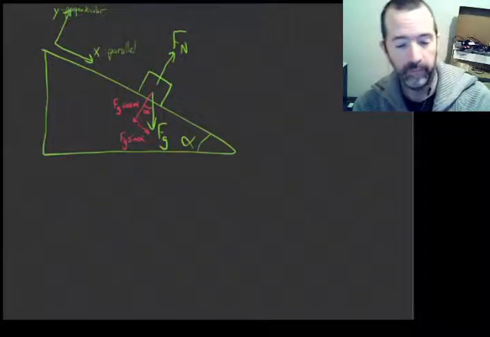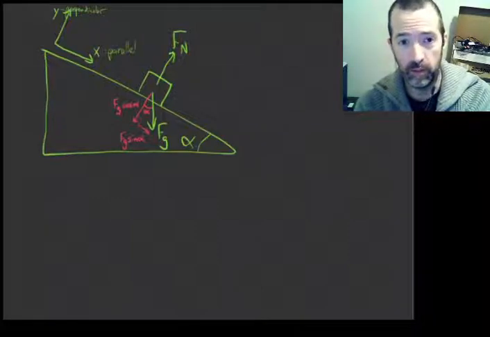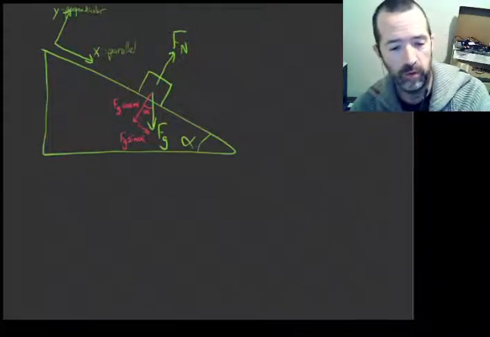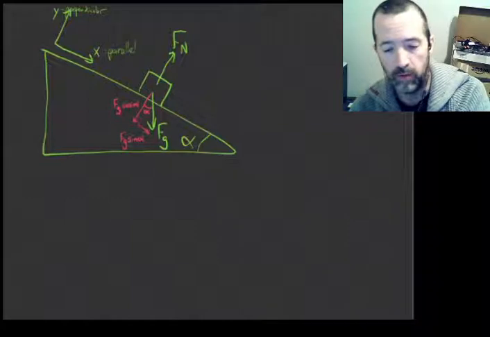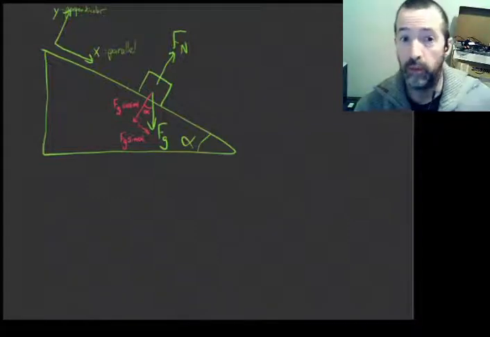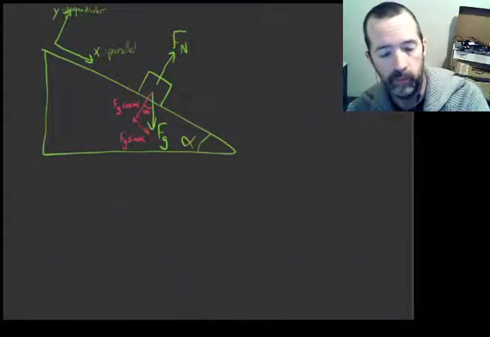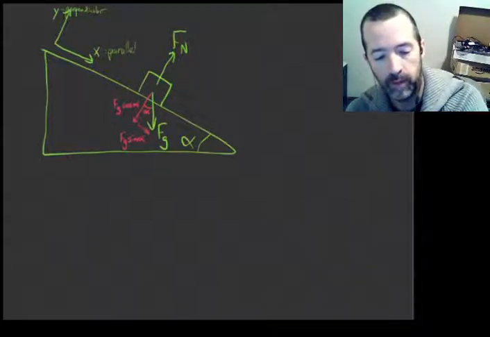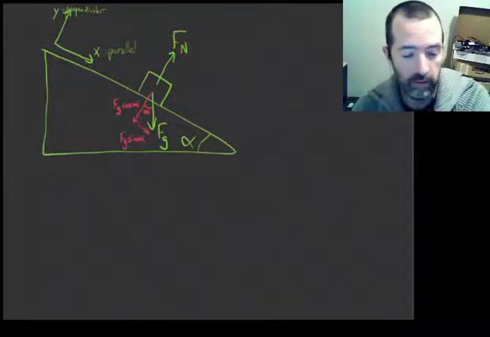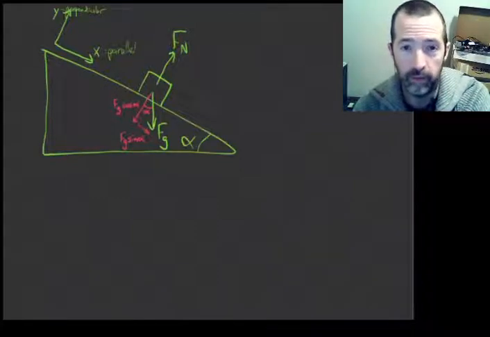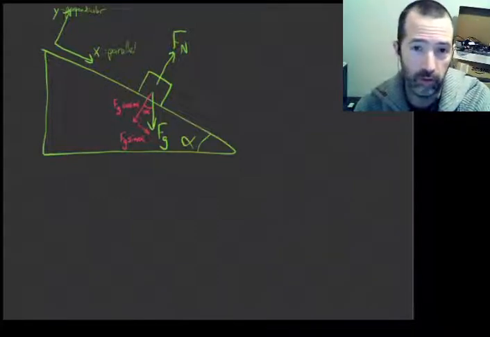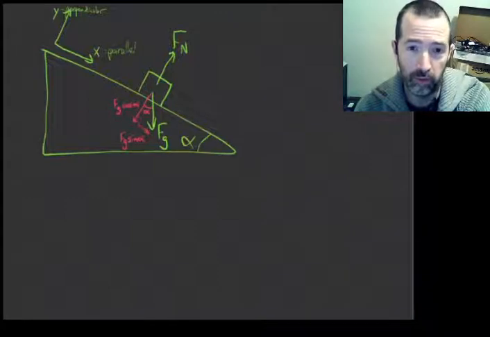Okay, so in this very simple case where there's no extra forces, how would I figure out the acceleration of the block? Well, it's going to have to be in the x direction. I know that if the only thing going on is that I put a block on a frictionless ramp, it's going to slide downhill.